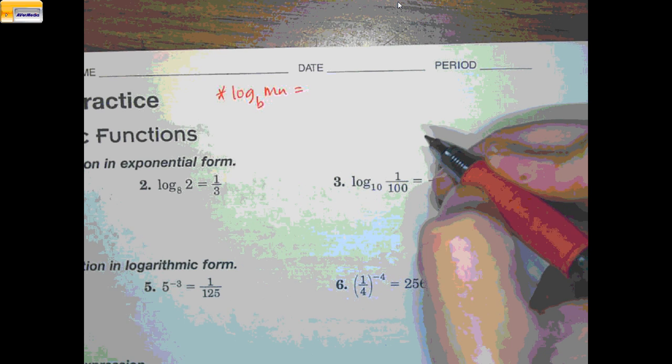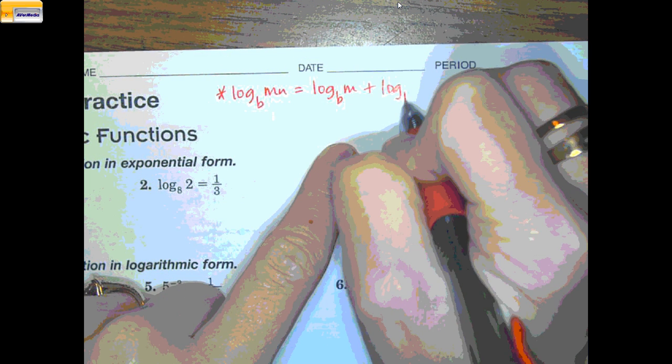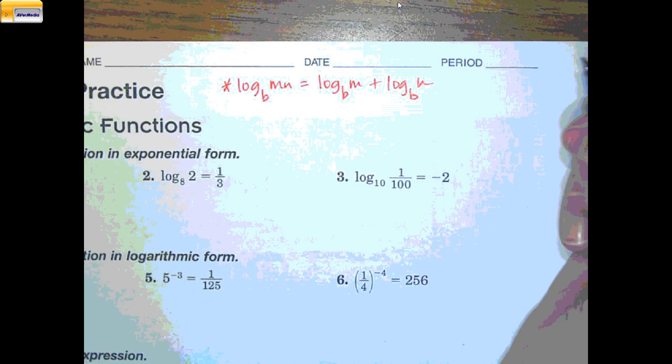So if you have log base b of m times n, and these are somehow related to exponents, the rules kind of apply. If you're multiplying two things, then you can split these up and add them, so that I have log base b of m plus log base b of n. It's called expanding when you do that. And it's going to ask you on your homework today to expand the log, and you're going to have to break it apart. It might ask you to condense.